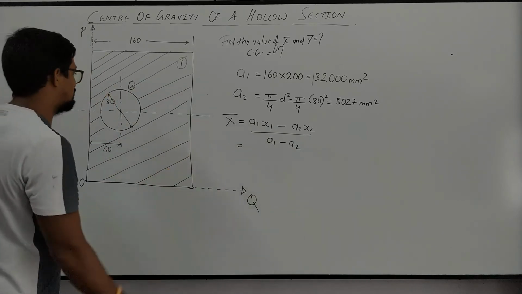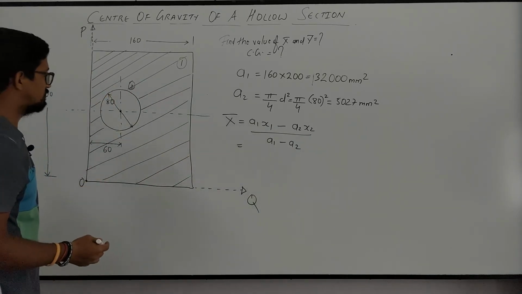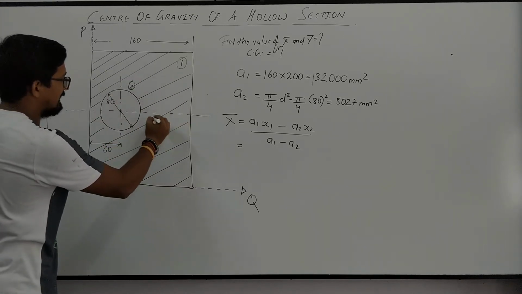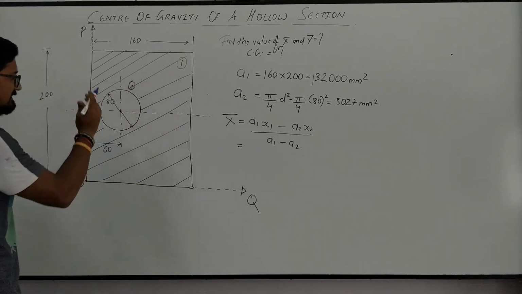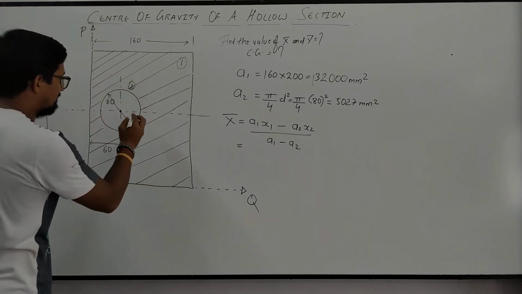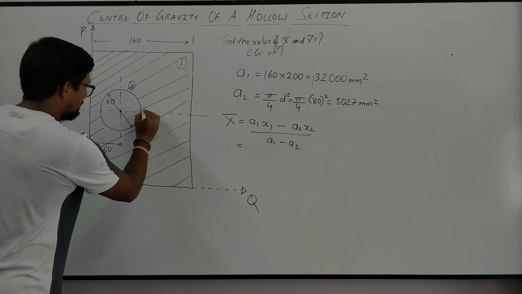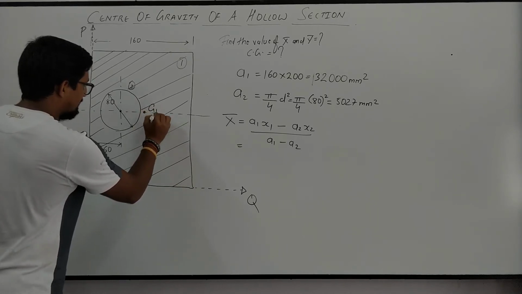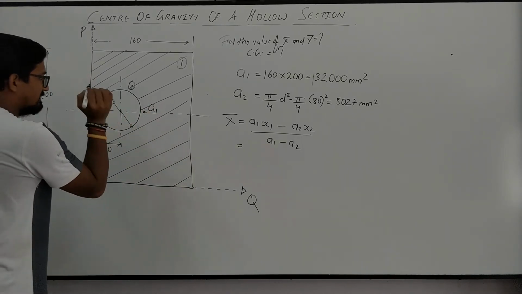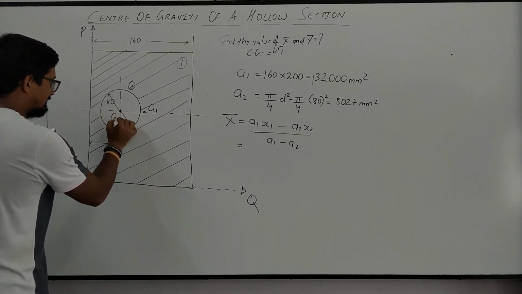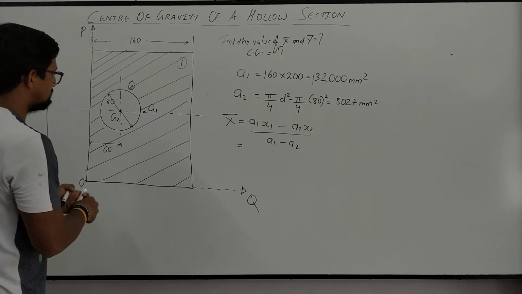So x1 and x2. Now what are x1 and x2? Since it is a rectangle, the CG of the rectangle will be at the center, correct? This is G1, and the CG of the circle will be at its center, this is G2.